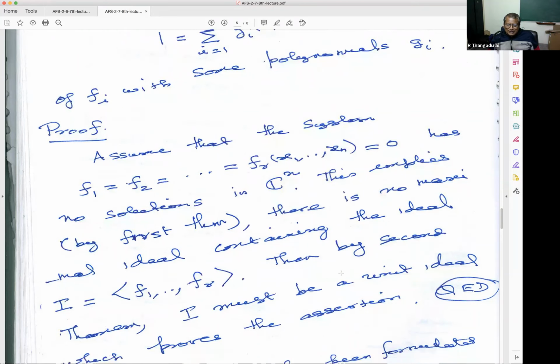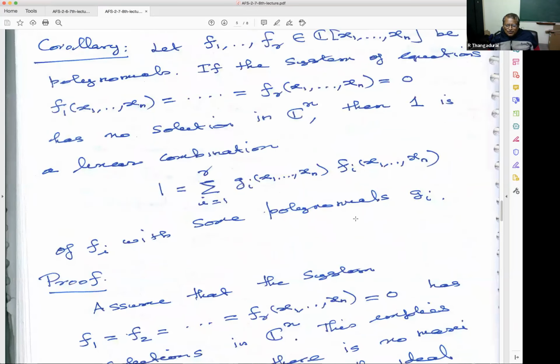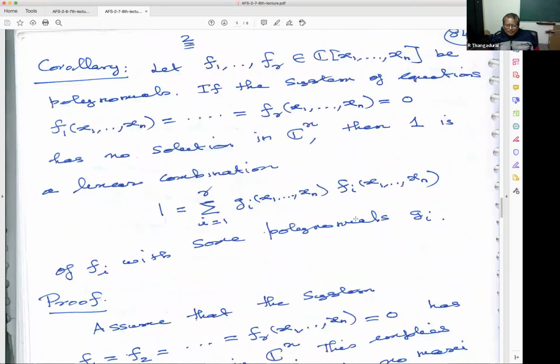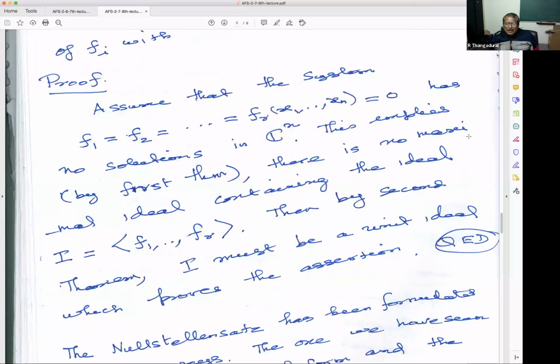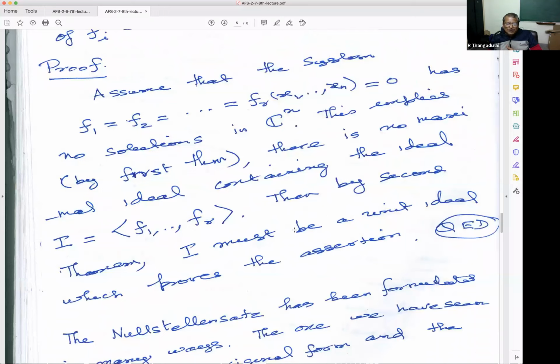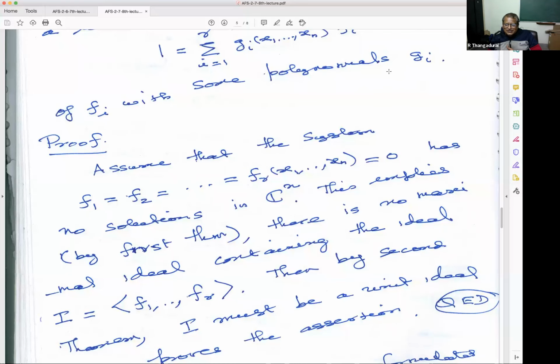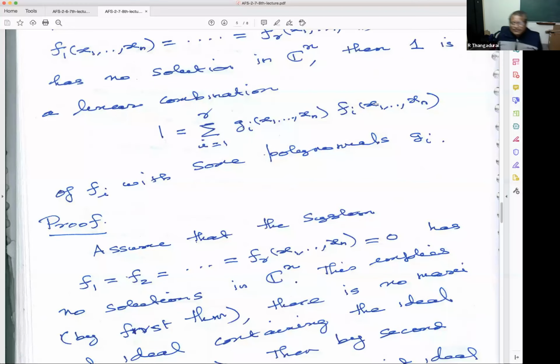Then by the second theorem, which is nothing but the existence of maximal ideals, I must have the unit ideal. Unit ideal means it is the whole ring. Therefore you can write one as a linear combination of the Fi's.